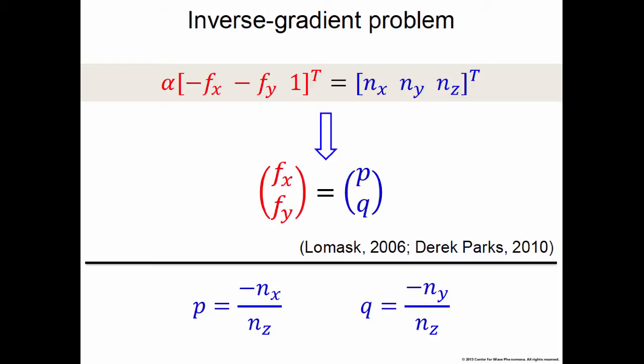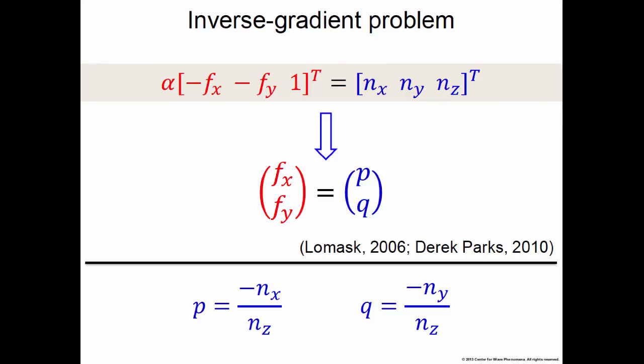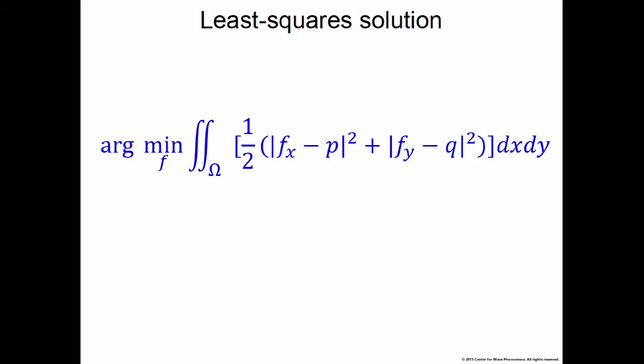And in this problem, the surface f is unknown, but we know both p and q, which are components of the reflector slopes. This means we have more knowns than unknowns. Therefore, we are looking for the least squares solution of this inverse gradient problem by minimizing this function here.